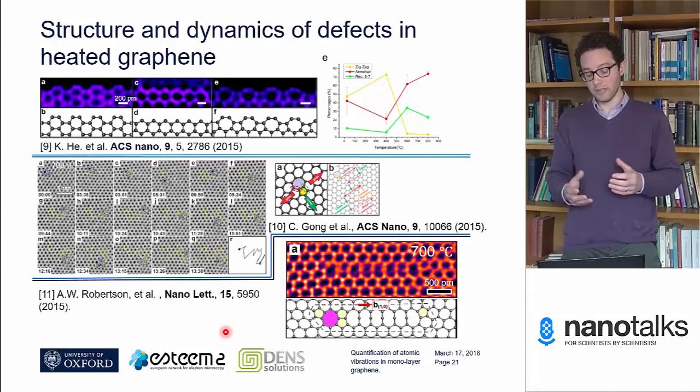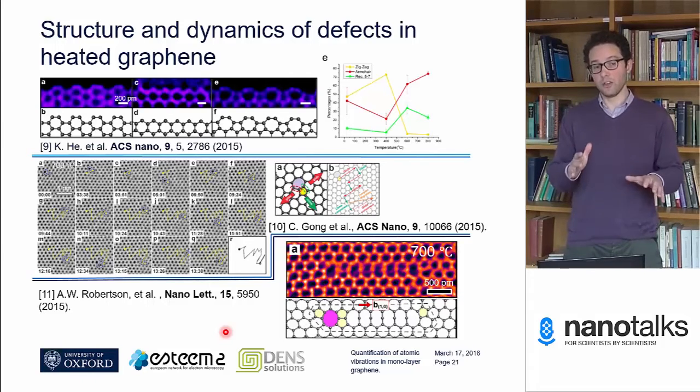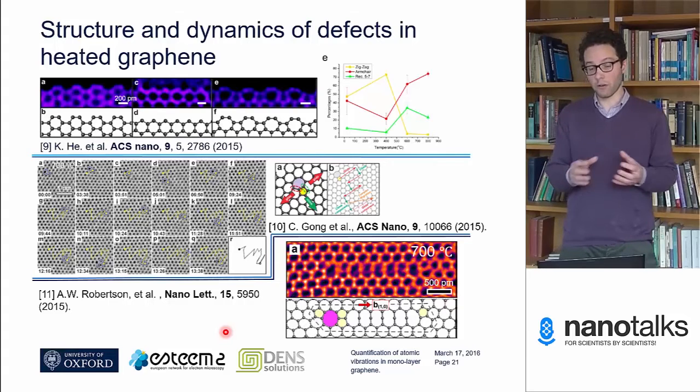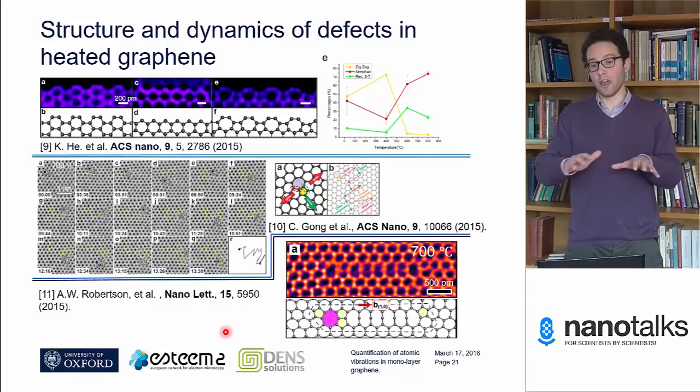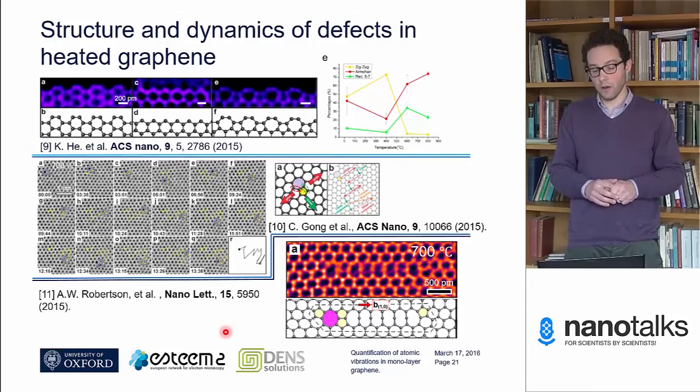The reason that we think we see them at elevated temperature is a mismatch in the thermal expansion coefficients of our graphene and the silicon nitride support membrane on which the graphene is lying, which introduces an extra strain into our lattice.